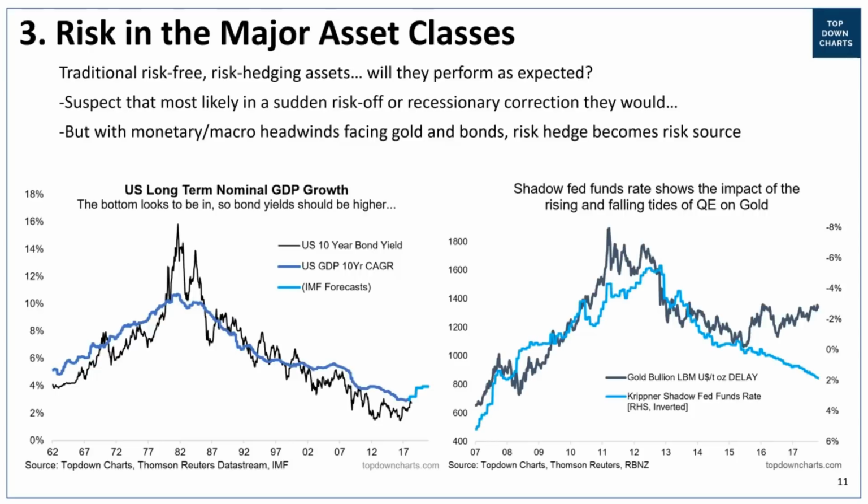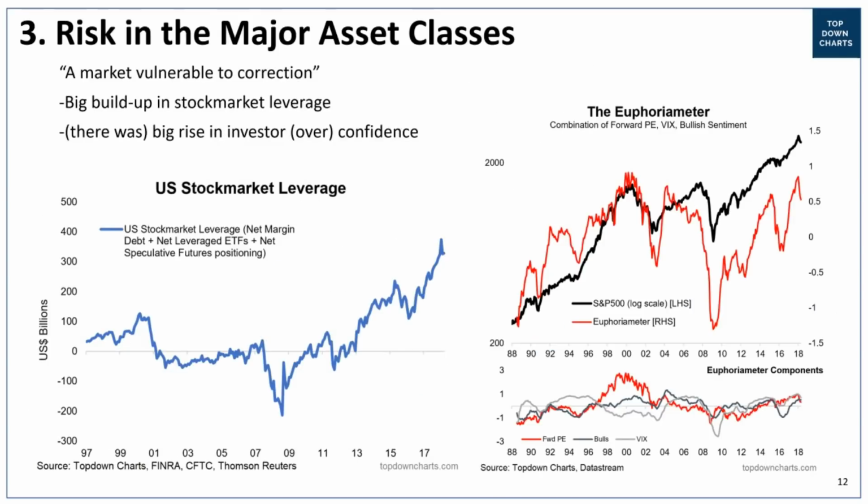So that's why my view is, yes, maybe gold does work as a hedge in a down market, in a recession. Same thing for bonds. But do they perform in an up market, or if things just carry on ticking along like they are? Then they're not going to be hedges, they're going to be sources of risk. So that's one to be mindful of.